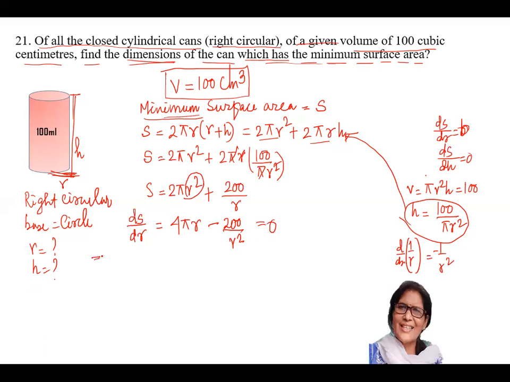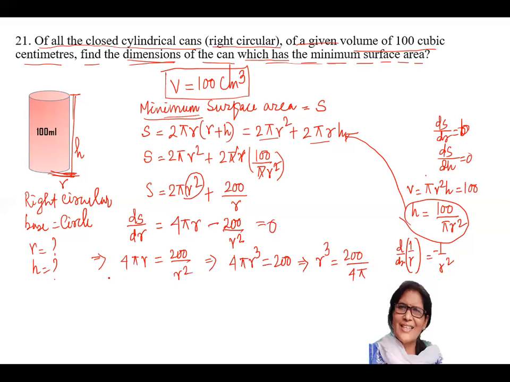From this I am getting 4 pi r is equal to 200 by r square, or 4 pi r cube is equal to 200, or r cube is equal to 200 by 4 pi.